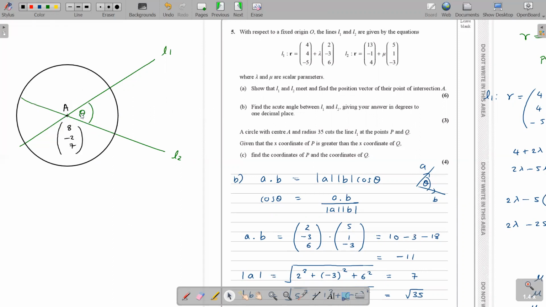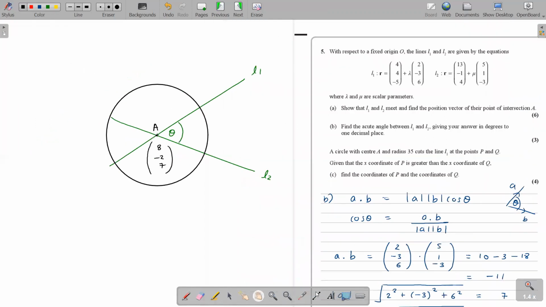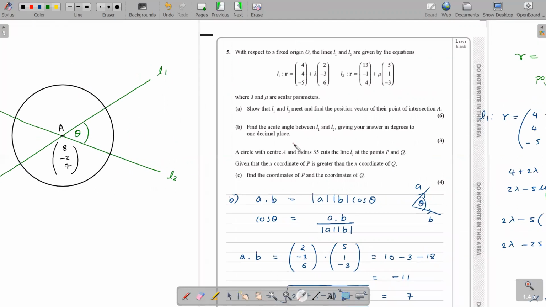So basically that's a circle A with radius 35. The circle A has radius 35. And they say the circle A with radius 35 cuts the line L1 at the points P and Q. Do you see the points P and Q?